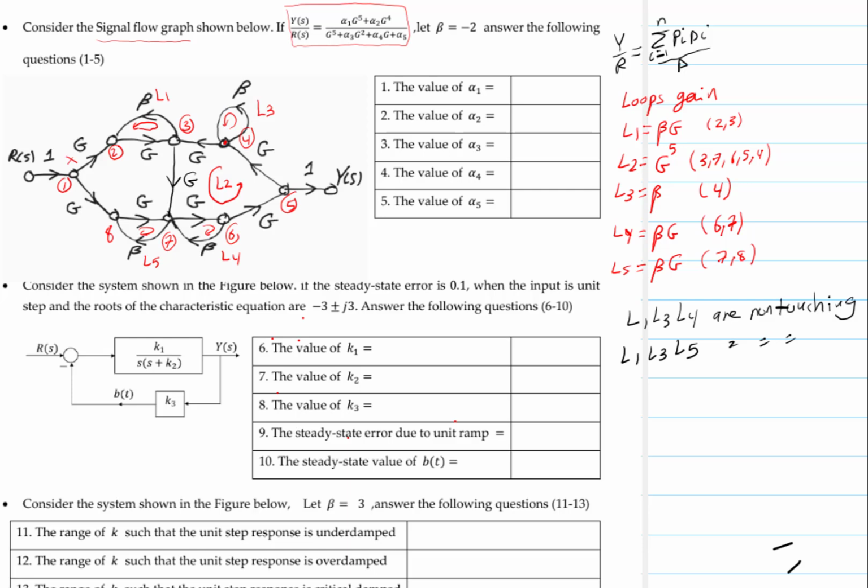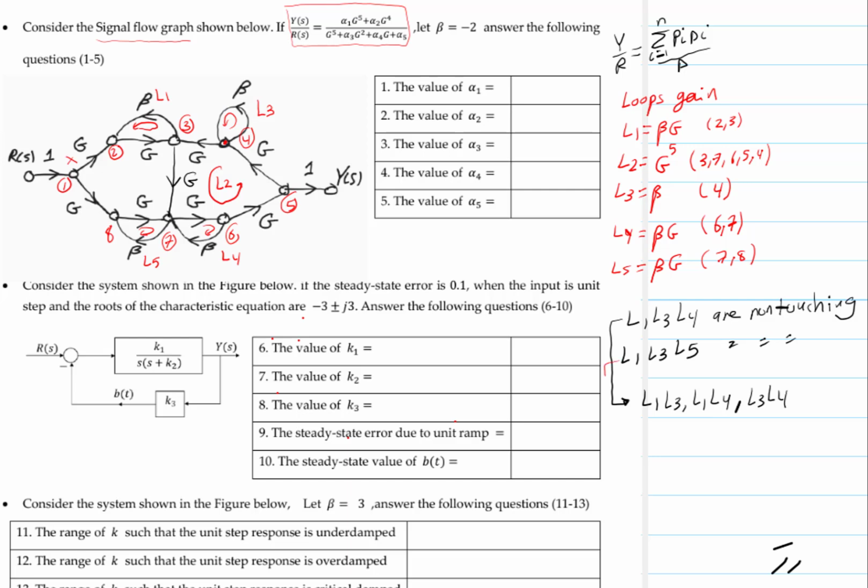If we have 3 non-touching loops, this means that we have 2 non-touching combinations. So all the possible combinations of 2 non-touching loops will be L1 L3, L1 L4, and L3 L4.